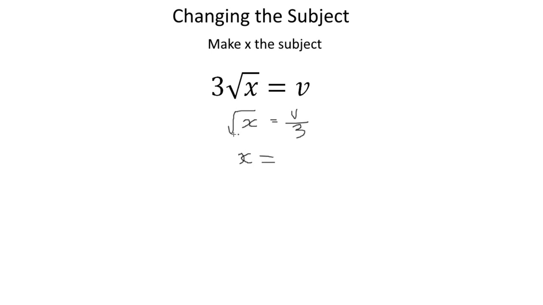So the square root of x squared is just x. And then on the right side, this will become v over 3 squared, which you can also write as v squared over 9. So both methods work here. You can do them separately if you want to, but that's the general structure.